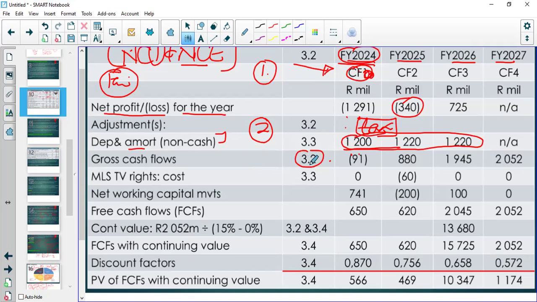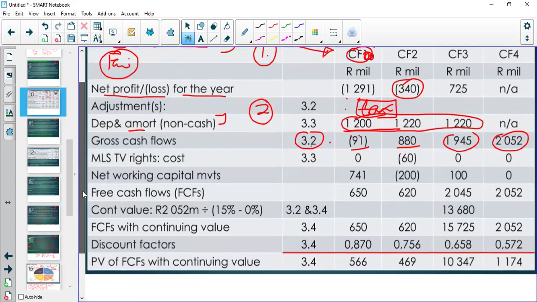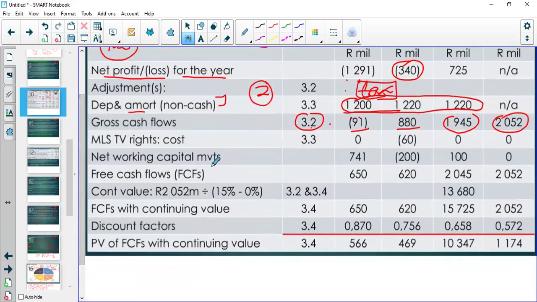I'll come to gross cash flows here. All right, so this is 880. This is 945. This is 2052. All right, let me see. Then we have net working capital movement.